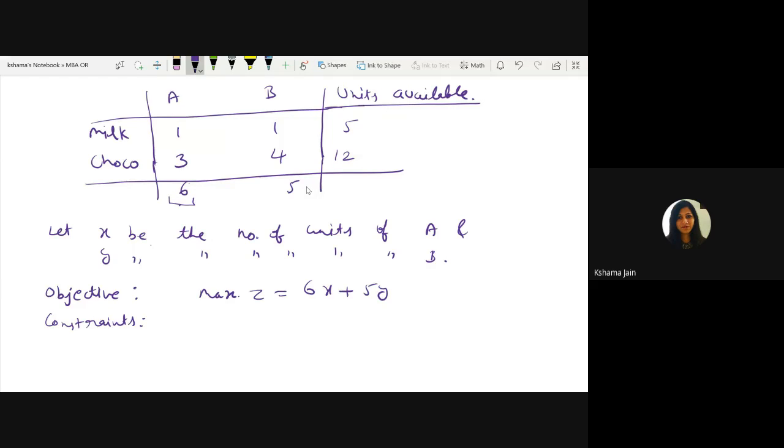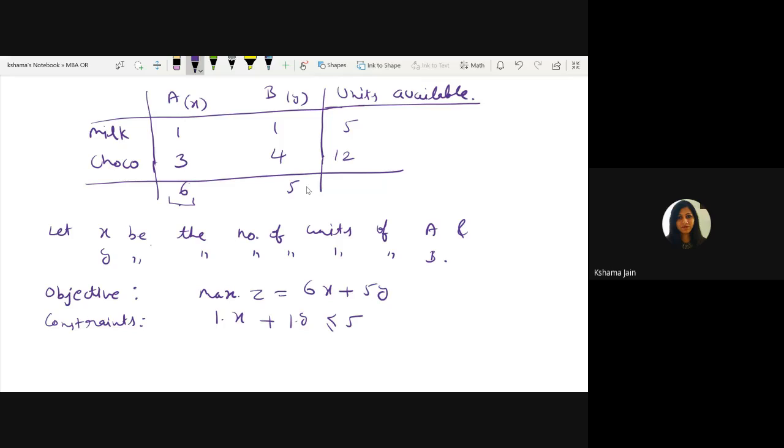Same for chocolate, they have 12 units in stock only. So these are the constraints. Roughly, you can write it like this: for milk, 1 into X plus 1 into Y less than or equal to 5. This is the first constraint.